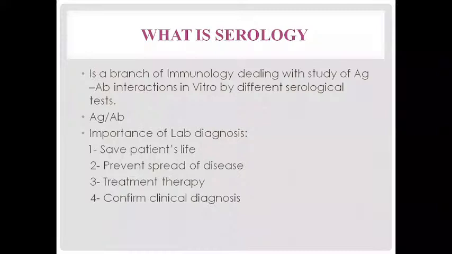Usually, the diagnosis can be confirmed by antigen detection, because antibody detection alone may not give you the confirmation. The reason is somebody who has had a natural infection may have recovered, but still has the antibodies to that particular infection.